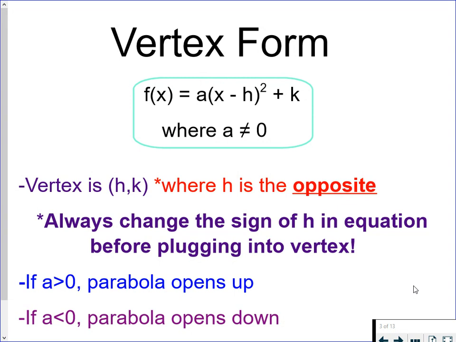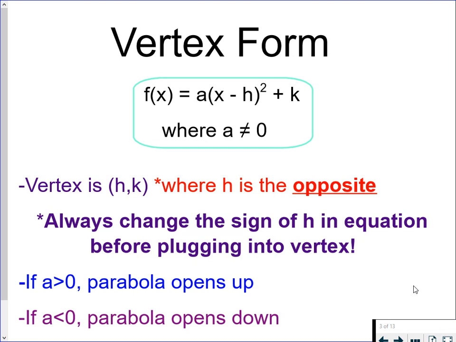What are you left with? If a was 0, then you just have k left in the equation. Well, that takes away this part right here, the square part, and it's no longer a quadratic function. Squared disappears, okay? So then we're just left with a linear function, okay? A constant.